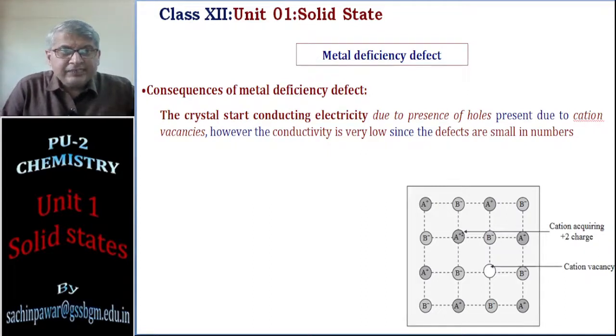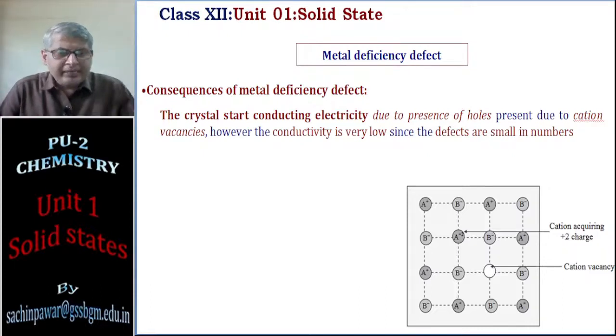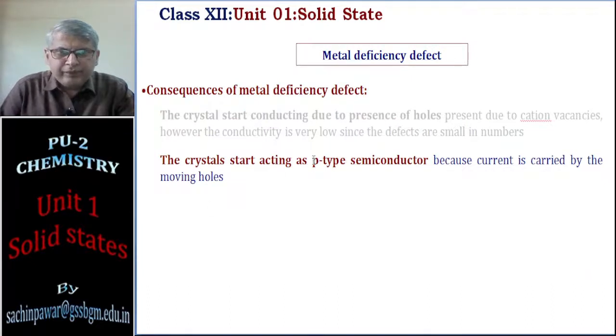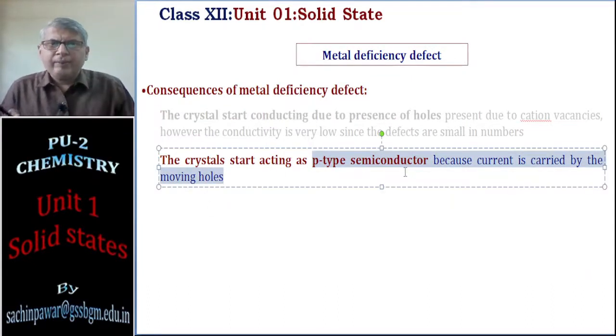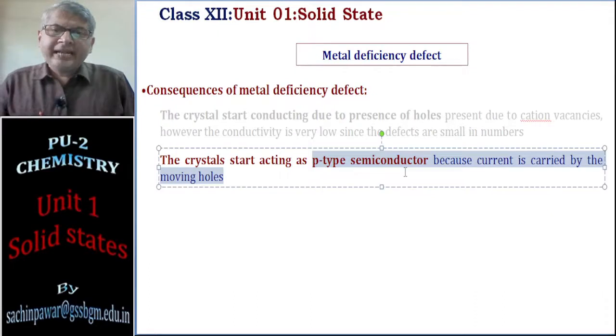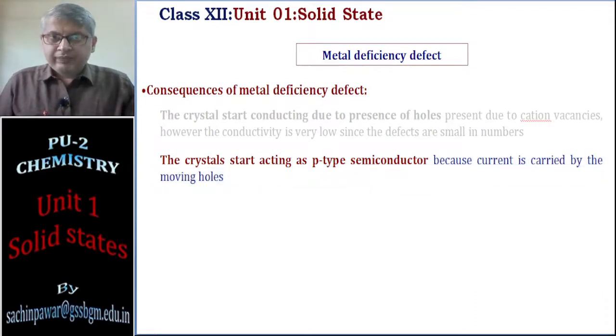The conductivity is due to the presence of holes. The movement of holes is responsible for conduction of electricity. That is why it should be a p-type semiconductor. So metal deficiency defect leads to p-type semiconductor, whereas metal excess defect leads to n-type semiconductors.